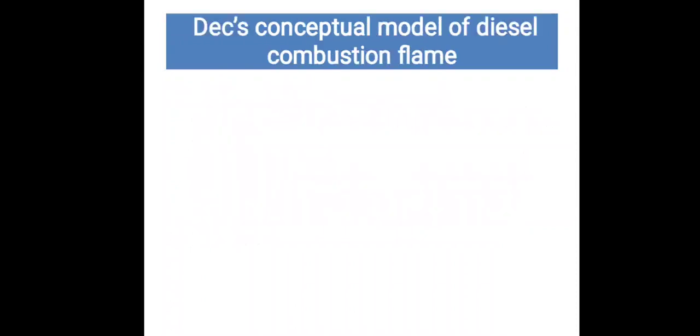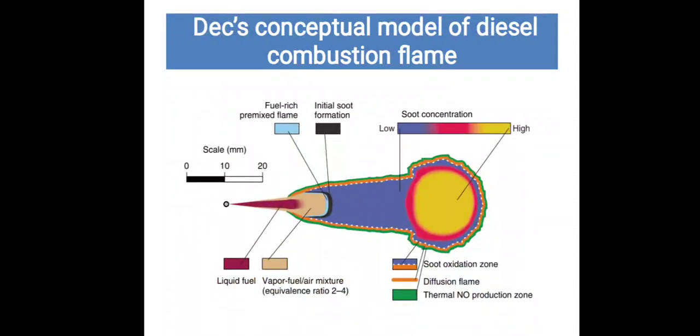As we know, in a conventional diesel engine, the fuel is injected just before the end of the compression stroke, or just some degrees of crank rotation before the piston reaches TDC.